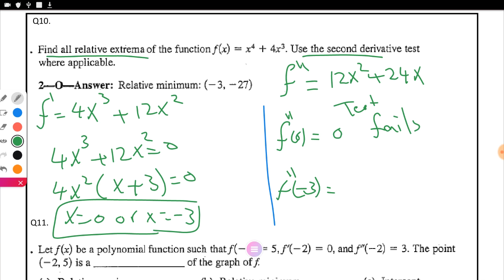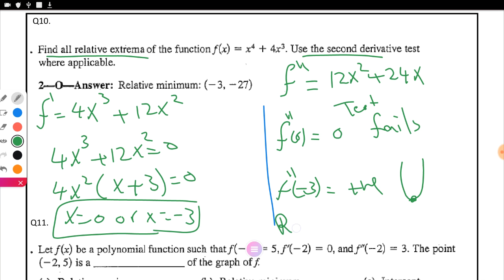Then replacing by negative 3, it will be what? 108 minus, no, it will be positive. Find the value, it will be what? Positive. If it is positive, this means it is concave upward, so we have a relative minimum.